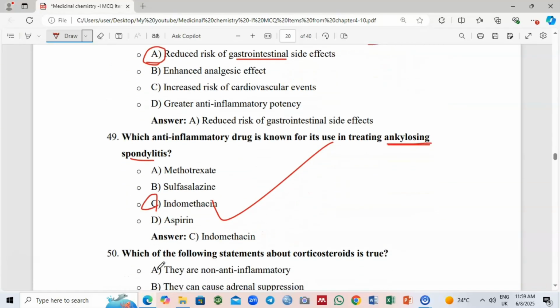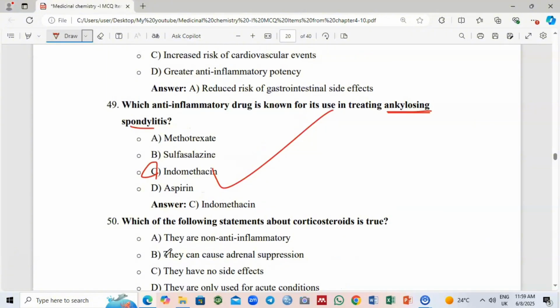The last question from these chapters: which of the following statements about corticosteroids is true? A. They are non-anti-inflammatory. B. They cause adrenal suppression. C. They have no side effects. D. They are only used for acute conditions.